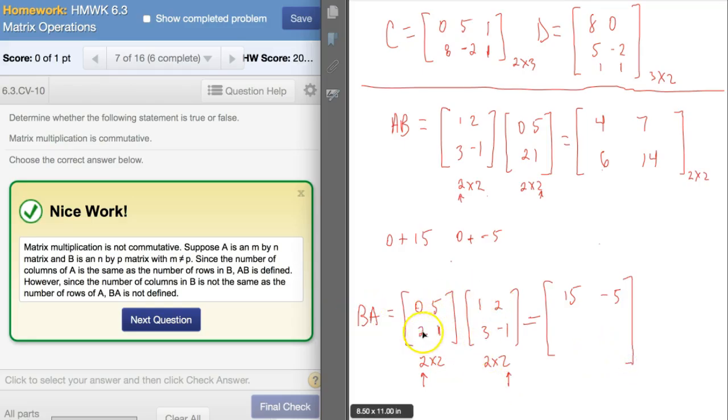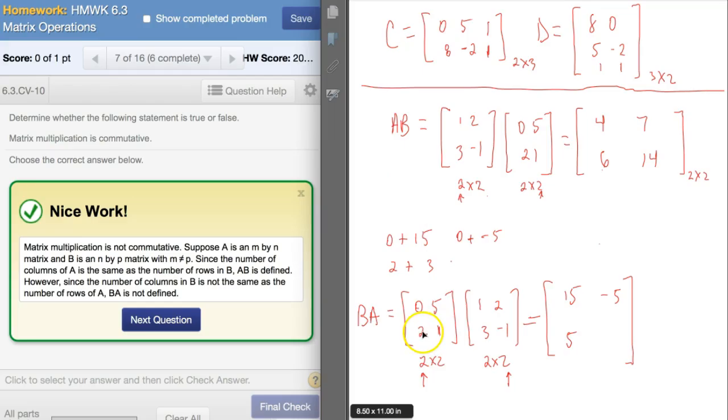Going down to row 2 for B, row 2 times column 1, row 2 times column 2. So 2 times 1 is 2, plus 1 times 3 is 3. And of course, that's going to give me 5 there. Okay.